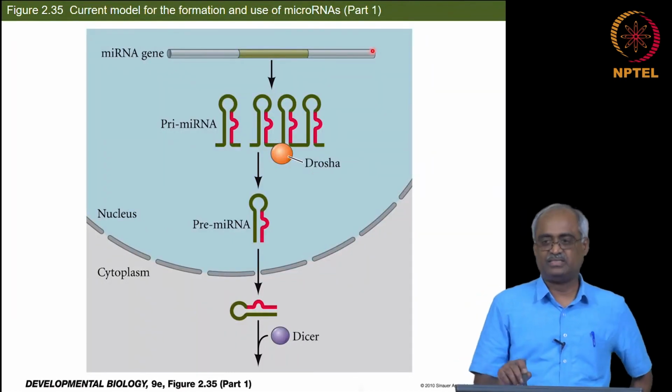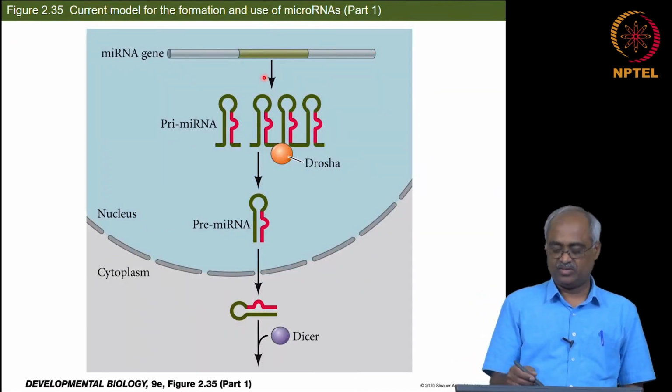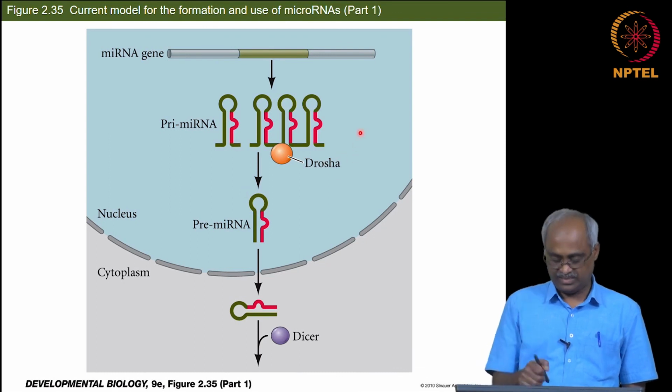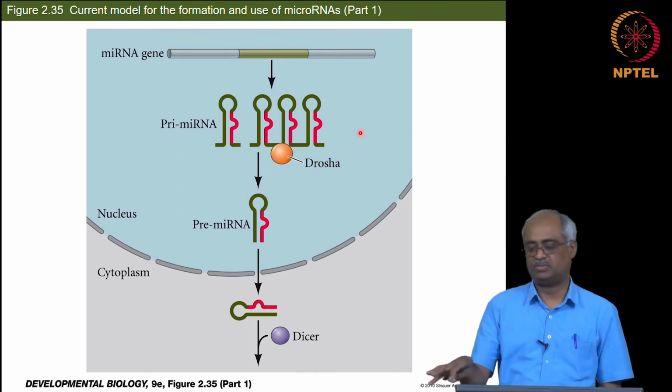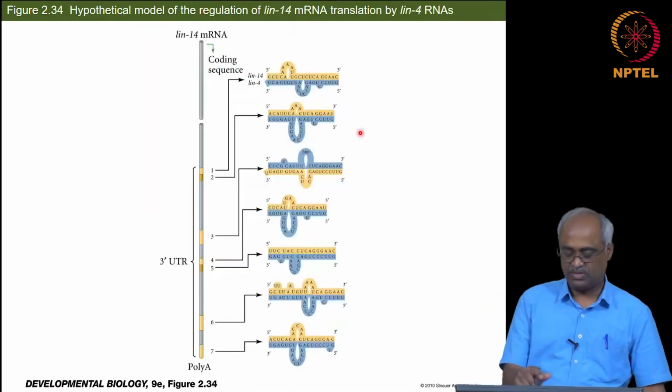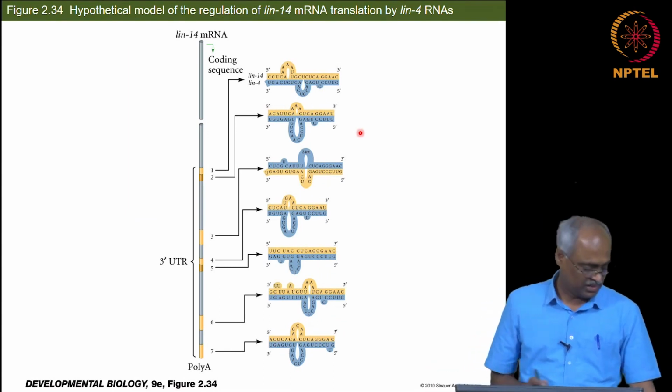They usually exist in multiple tandem repeat copies, and they are transcribed, and once transcribed you have a nuclease, Drosha, that cleaves. The information in this cartoon comes from studies in multiple organisms. The first example is from C. elegans, where it was first discovered, but then people worked out the mechanism by studying multiple organisms.